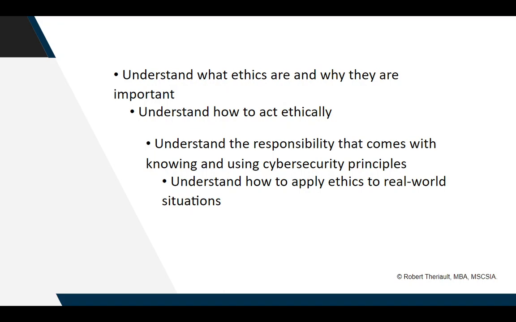So with that, that is the concept of ethics. It's just doing the right thing. And if you ever have a question, go back to the concept of, if this was to be published in the paper, the news, online, Facebook, and everyone was able to read what you did, how would you feel? That's a good start concept.